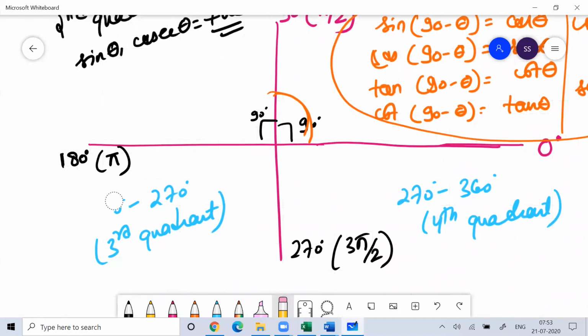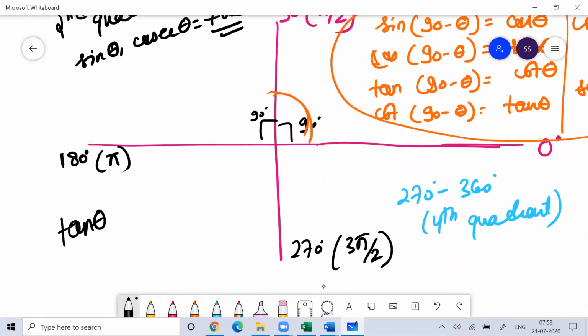Similarly, in the third quadrant, we have to remember that tan theta and cot theta will be positive, while all the remaining will be negative.